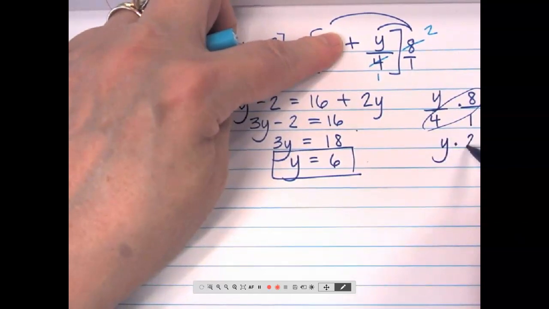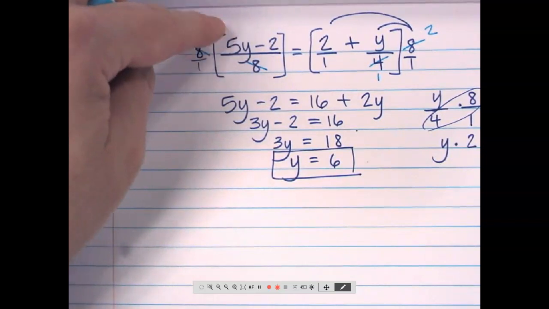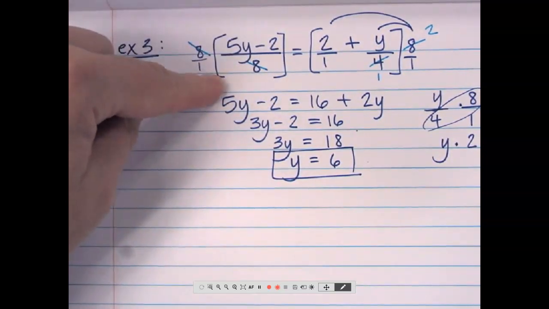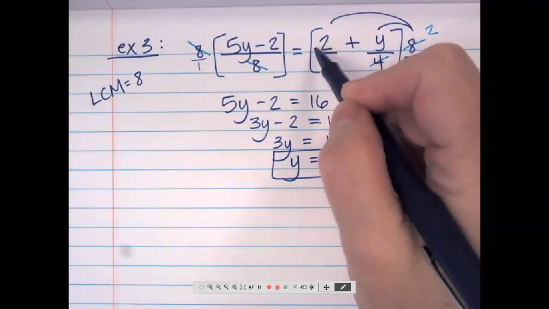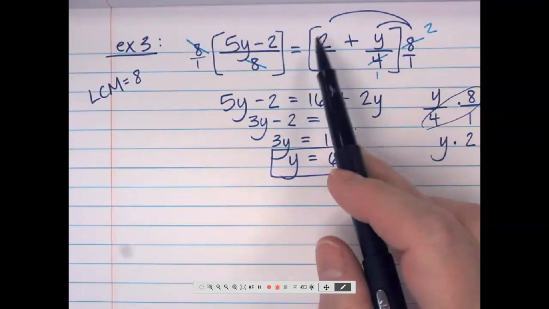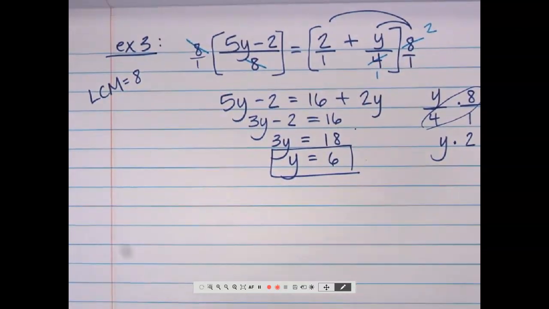So I really just had y times 2. Why didn't you do that first? I could have, but both of these are getting multiplied by 8, so it doesn't matter which one of these you did first. They'd both just be over there on the right-hand side. I didn't answer your question, did I?